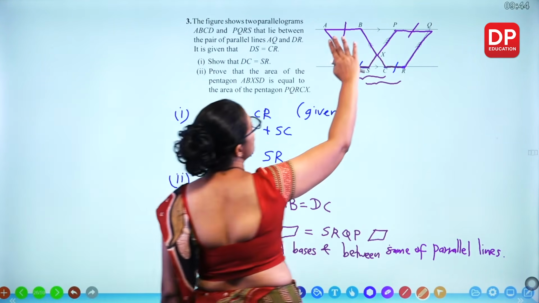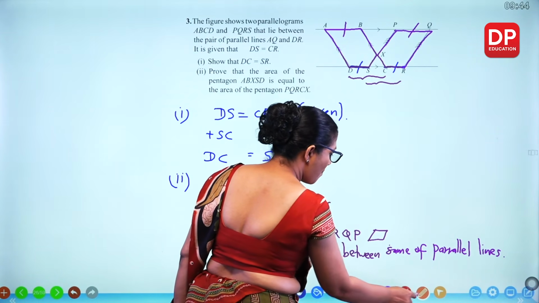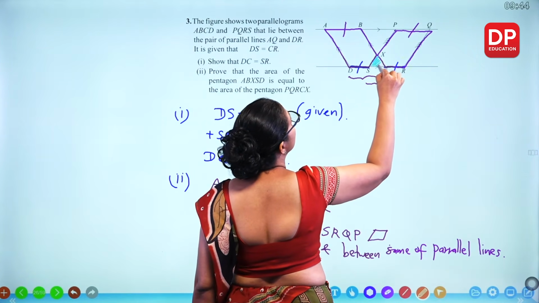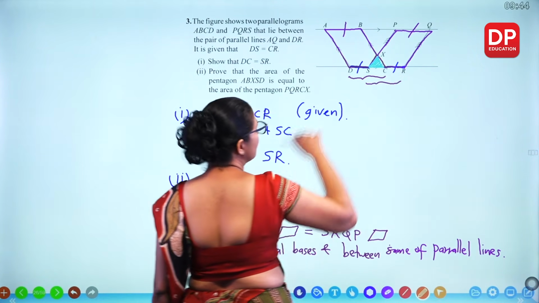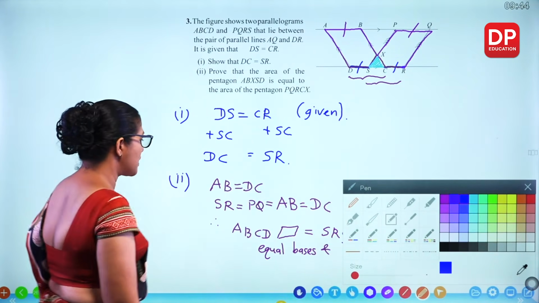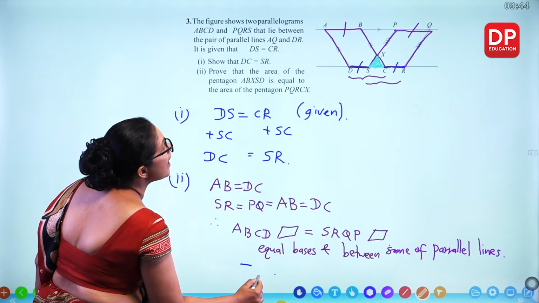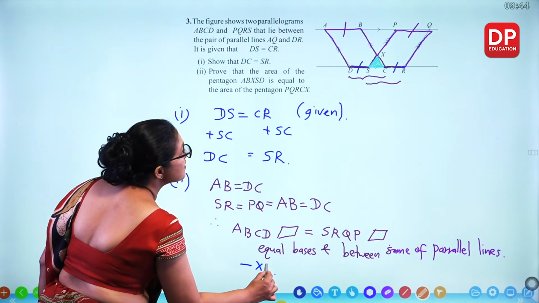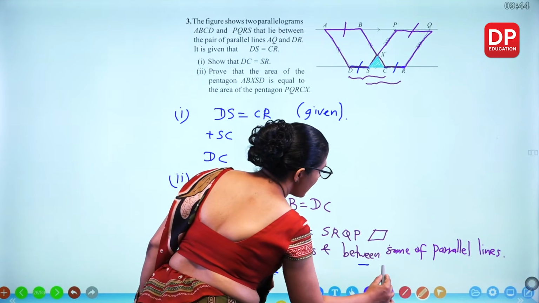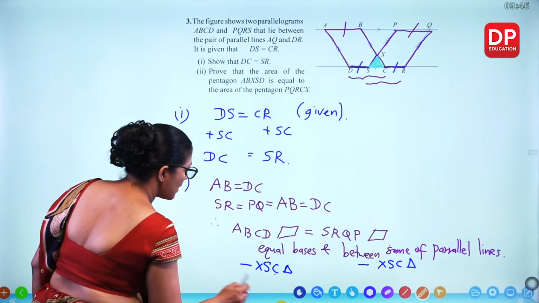Now we'll try to subtract the small area from both of these parallelograms. What happens when you subtract XSC triangle from both sides? What you get?